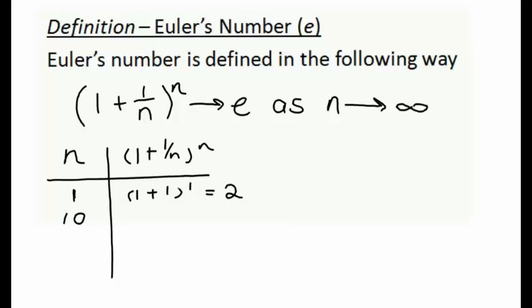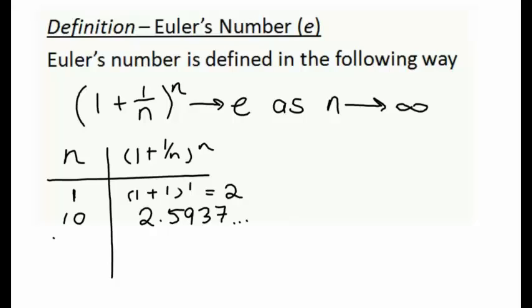And from here, we may want to pull out our calculator because we're going to have to deal with that fraction and that exponent. If we use our calculator, we should get a value that's roughly equal to 2.5937.